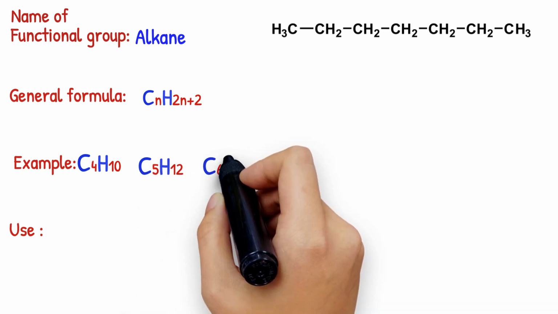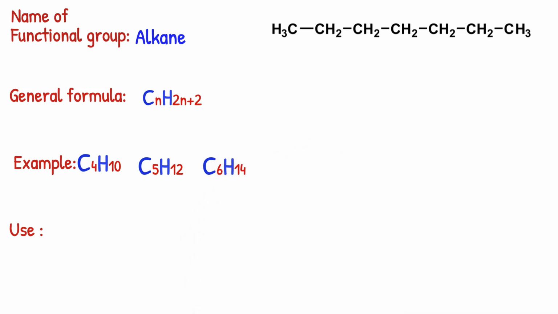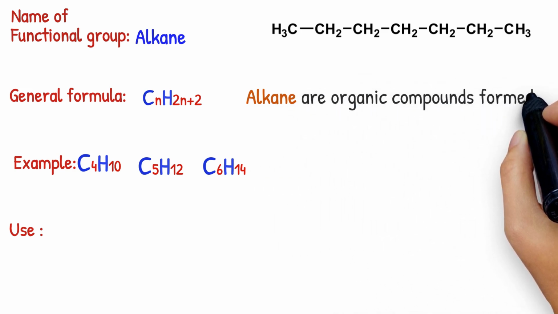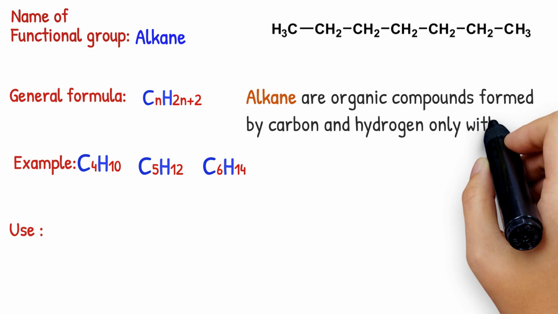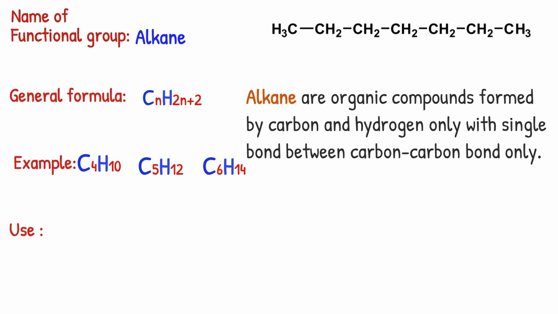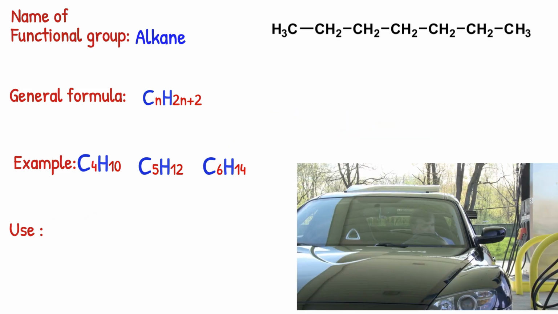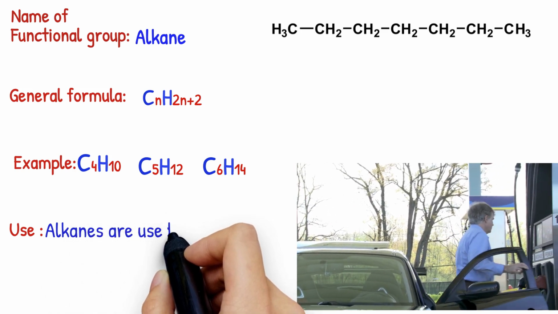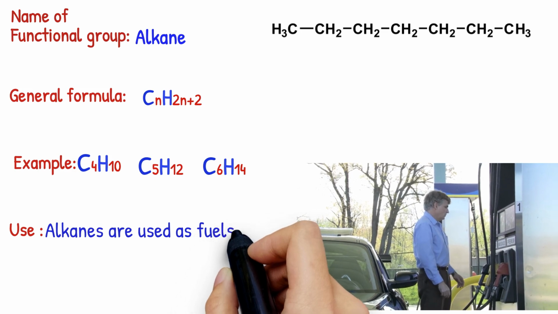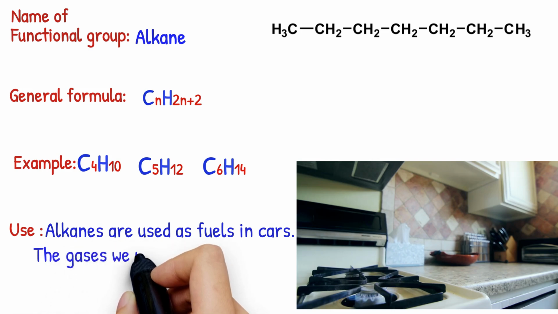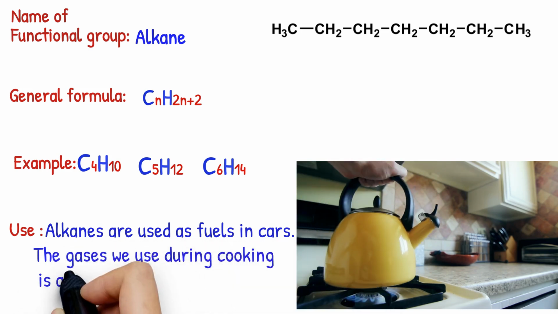Alkane with 6 carbons will have 14 hydrogens, and so on. Alkanes are organic compounds formed by carbon and hydrogen only with single bond between carbon-carbon bond only. Uses of alkanes. Alkanes are used as fuels, for example, in cars and other different engines. Small chain of alkanes is used in cooking, as you see here.